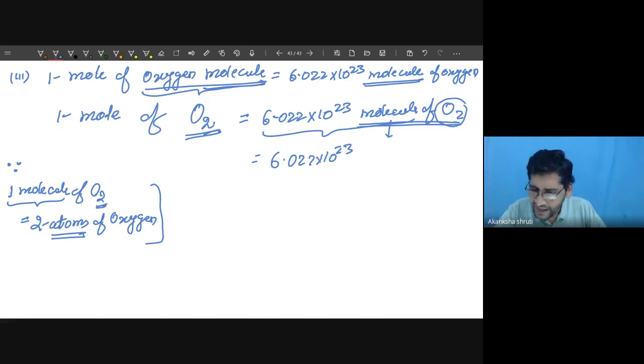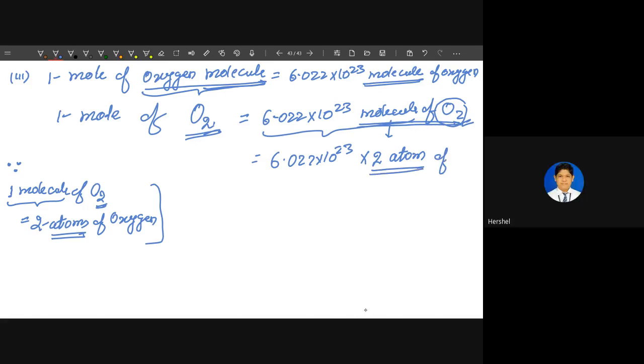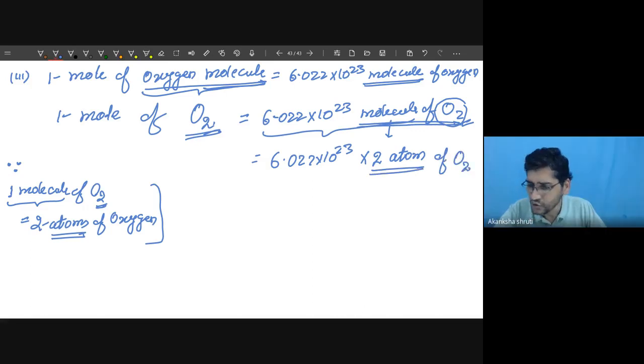And how many atoms in each molecule? 2 atoms. So this entire number needs to be multiplied by 2, and in place of molecule we put the atom. Means 1 molecule is equivalent to 2 atoms of oxygen. Now we shall not write this as O2, but rather we shall write this as O only, or oxygen only.